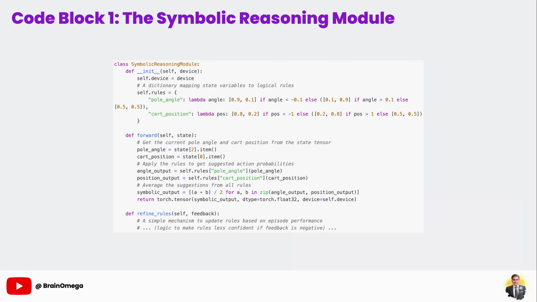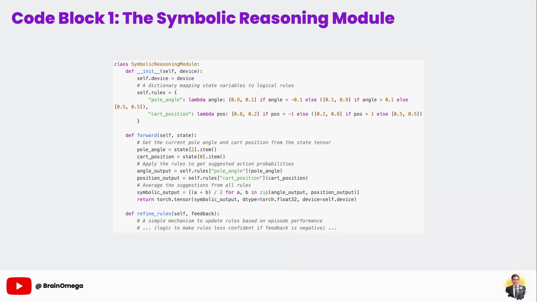Let's start with the most straightforward part of our hybrid brain, the symbolic reasoning module. This class is our explicit rulebook. In the init method, we define a dictionary called rules. Each key corresponds to a piece of the game's state, like pole angle, and its value is a lambda function that represents our rule.